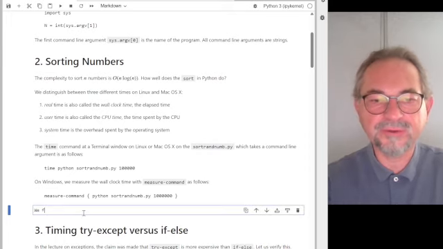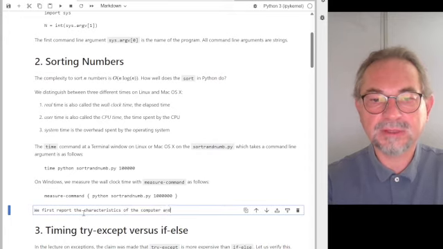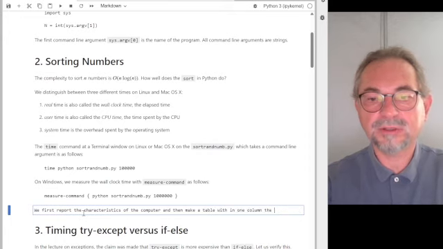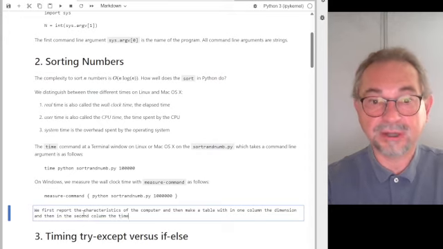We first report the characteristics of the computer, and then make a table with, in one column, the dimension, and then in the second column, the times.